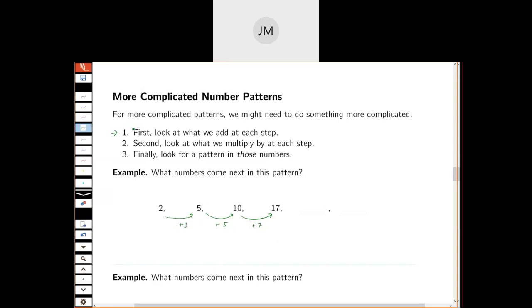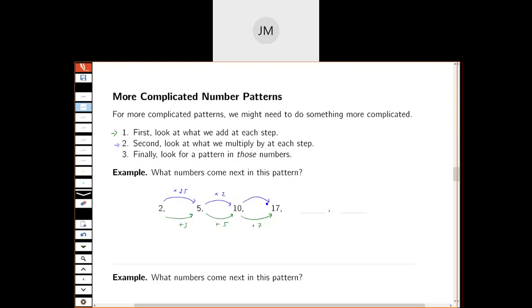So let's check and see, maybe it's a geometric sequence. So let's see what we have to multiply by each time. To go from 2 to 5, remember we divide to see how much it is, I have to multiply by 2.5. To go from 5 to 10, I have to multiply by 2.